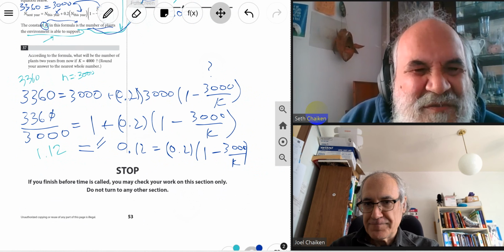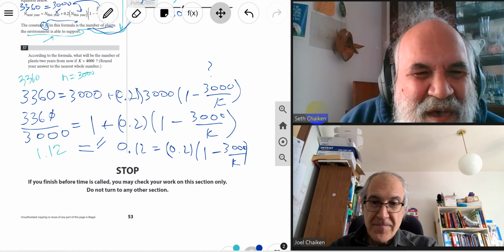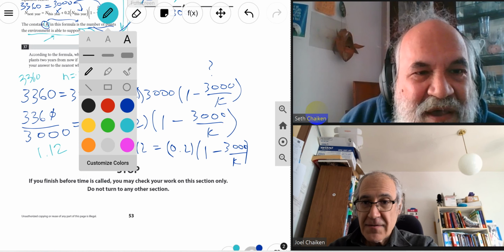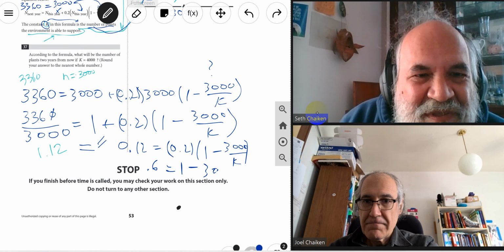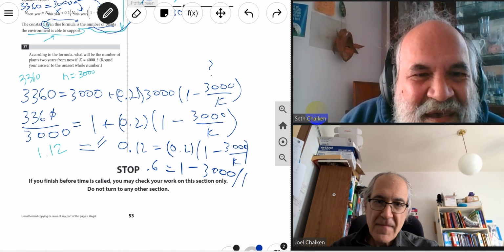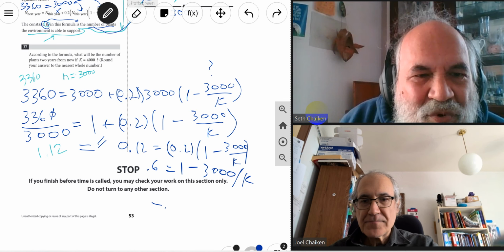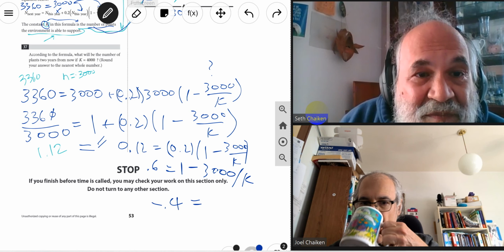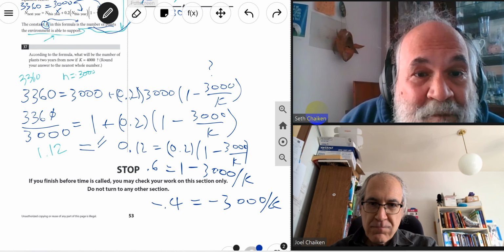We divide both sides by 2/10, and you get 0.6. So 0.6 equals 1 minus 3,000 divided by K. Subtract 1 from both sides and get minus 0.4 equals minus 3,000 over K.